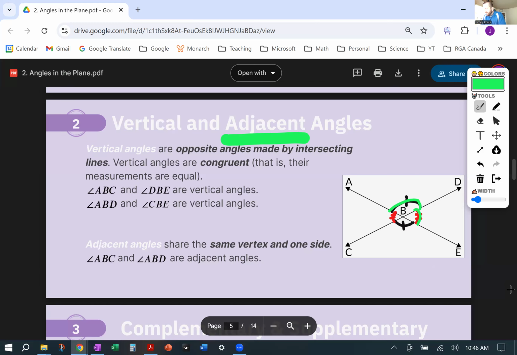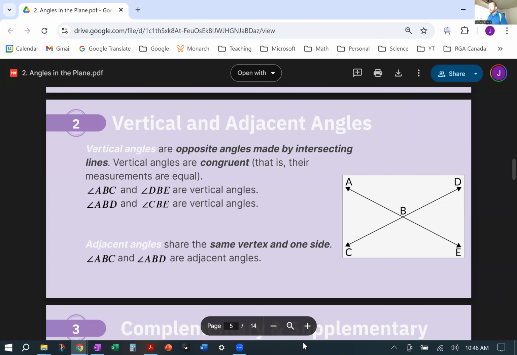If we add these together, they equal the straight line, which is equal to 180 degrees. So that's called a linear pair. Linear pairs are 180 degrees. Another way we can describe it is that these 2 angles are supplementary. That's another way to say 180 degrees.